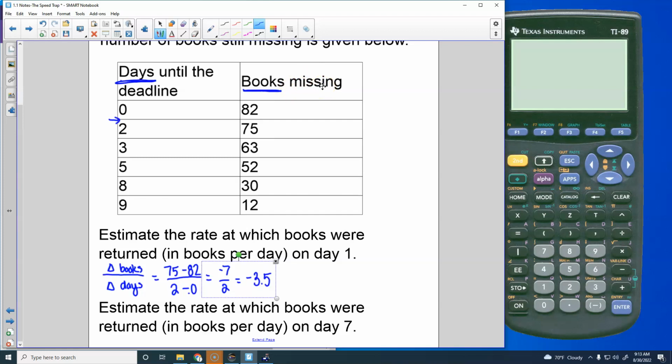So as they are turned in, we have fewer books missing. But to answer this question, it doesn't make sense to have that 3.5 there because there are fewer books missing, which is why our rate is negative. But the books returned would be positive. So we would, in this case, report 3.5 books per day.